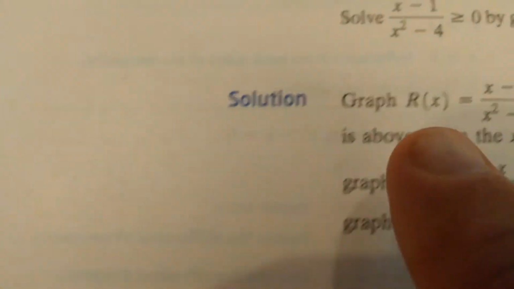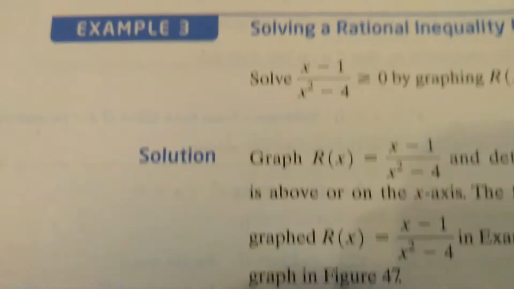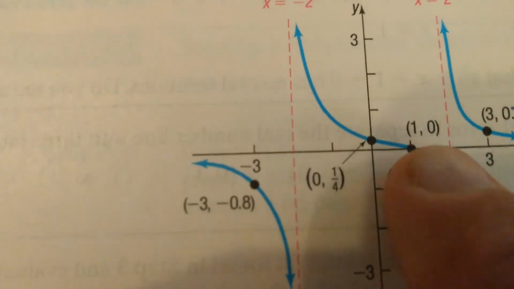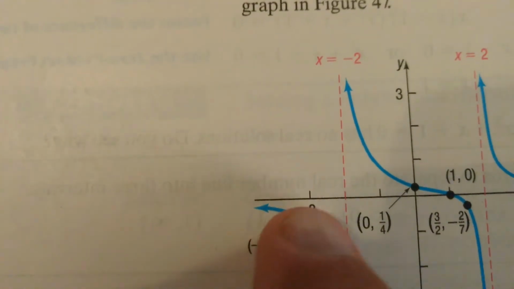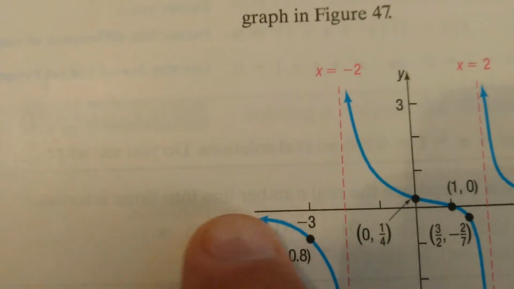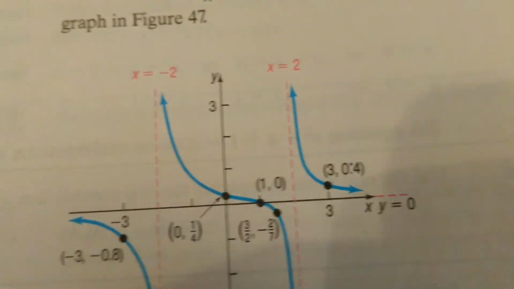We can then solve x minus 1 on the top equal to 0. We get 1, so we have an x-intercept at 1, 0, which is right here. And then again, we plug in something past the asymptote to figure out where the graph is.